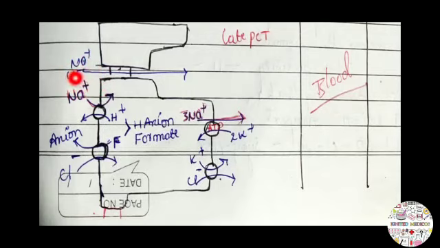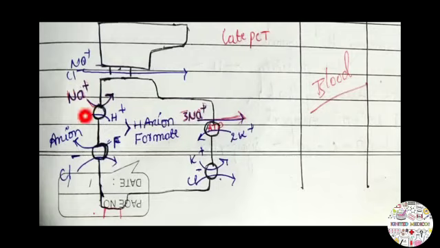This chloride is therefore reabsorbed via paracellular transport, and while chloride is reabsorbed, sodium is also reabsorbed along with it via the paracellular route. The transcellular transport is the same as that which takes place in the early PCT.